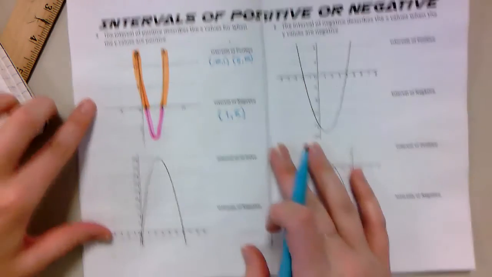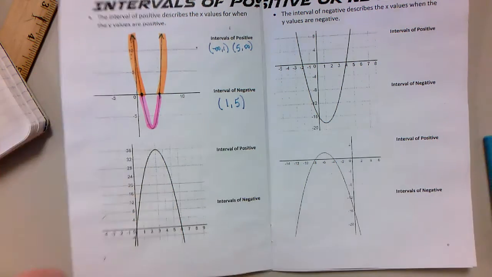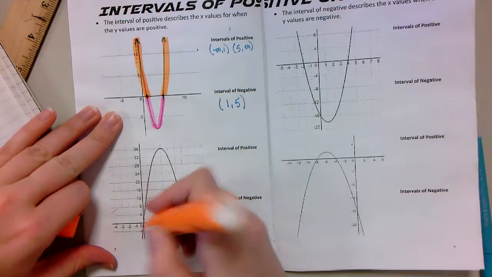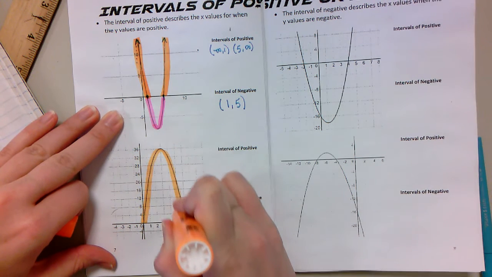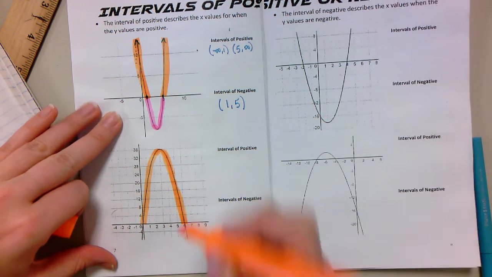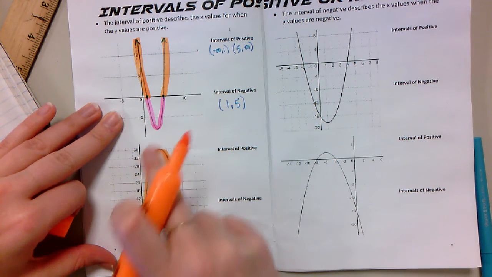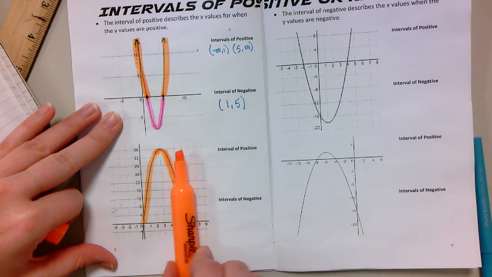I'll let you guys do this one. I will highlight it for you though. So the positive intervals are right here. All of the numbers on the line up here have positive y values. So what is that interval on the x-axis, between what x value and what x value?